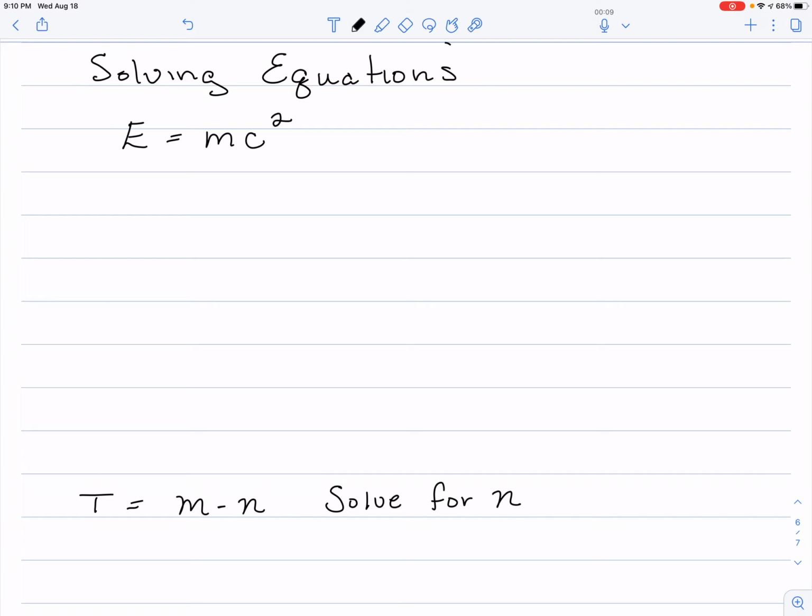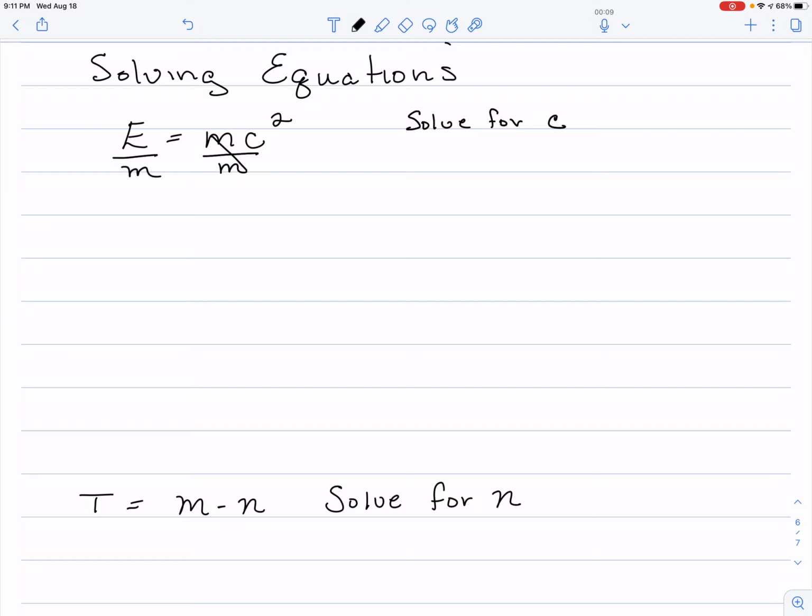So this first equation, you have E equals mc squared, and you want to solve this for c. So I'm going to put solve for c. Okay, so we need to get c by itself. Now, anything you do to one side of the equation, you have to do to the other side. So in order to get c by itself, we have to divide both sides by m.